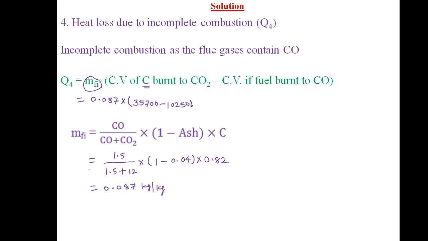Only 10,250 kilojoules of energy is liberated. Therefore, the total loss here we obtain is 2,226.5 kilojoules per kg of fuel. So this much heat energy is lost due to incomplete combustion. If it burns completely into carbon dioxide, then we can get more energy.